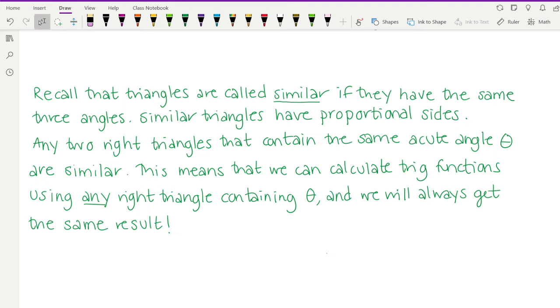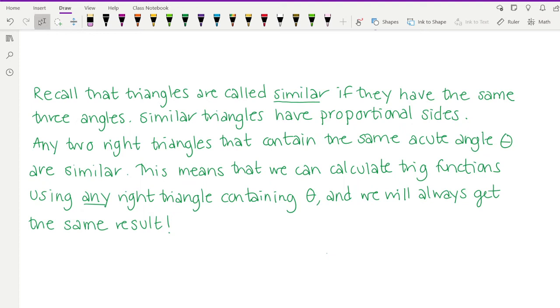Remember that we talked about similar triangles at the beginning of the quarter in our geometry review section. I told you that similar triangles have the same 3 angles, and because they have the same 3 angles, they have the same shape. One way of describing that is saying they have proportional sides.